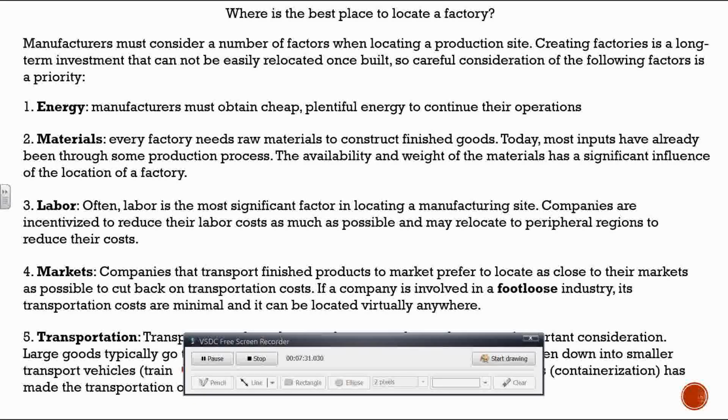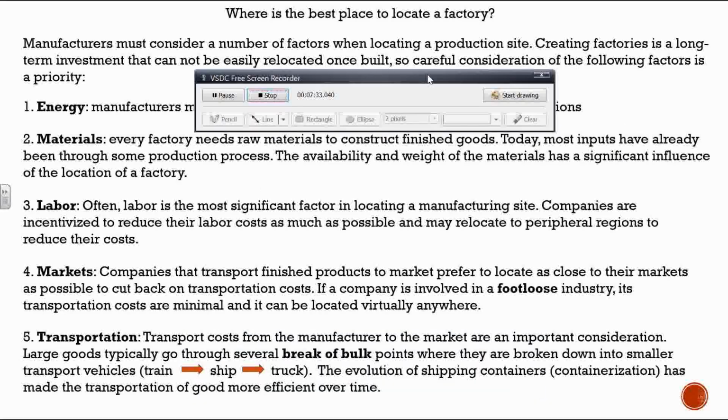Lastly, we have transportation. So, transportation is important. Transportation costs from the manufacturers to the market are extremely important. Large goods typically go through several break of bulk points where they are broken down into smaller vehicles. So, trains to ships to trucks to finally the market. So, you think of some kind of very large container of a particular product.